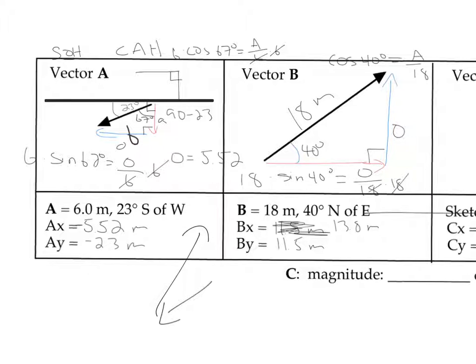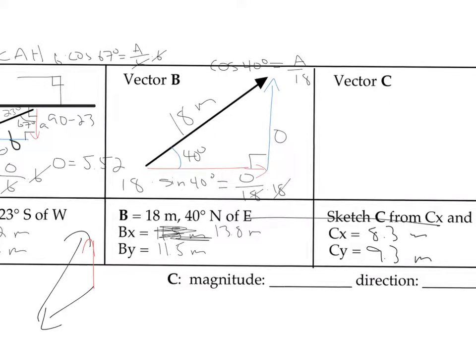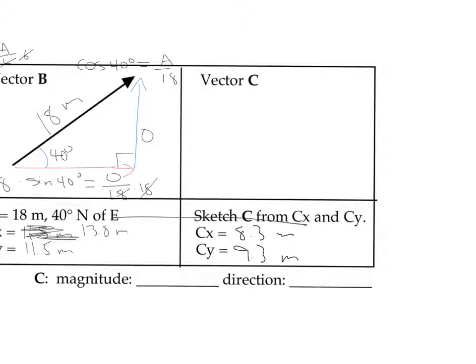What's the end result? What's this red vector? Where am I going to end up going? That's what I'm trying to find. So keep that in mind. So then, if we go back over here, I draw a vector in the x direction of 8.3, positive x direction, which is this direction, so that's 8.3 meters. I draw a vector in the y direction of 9.3.